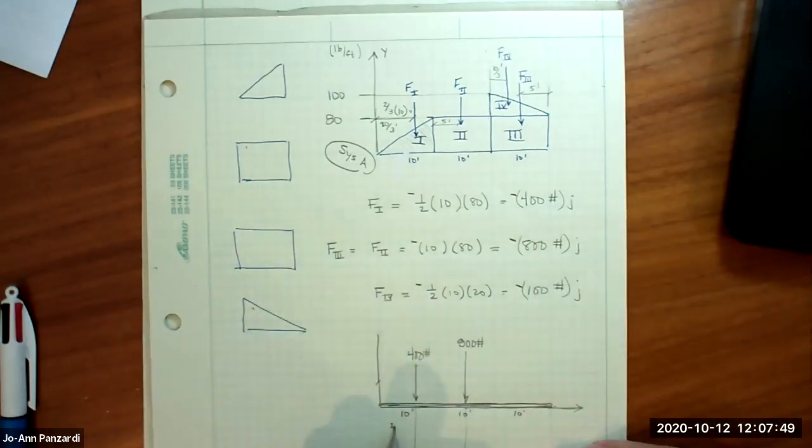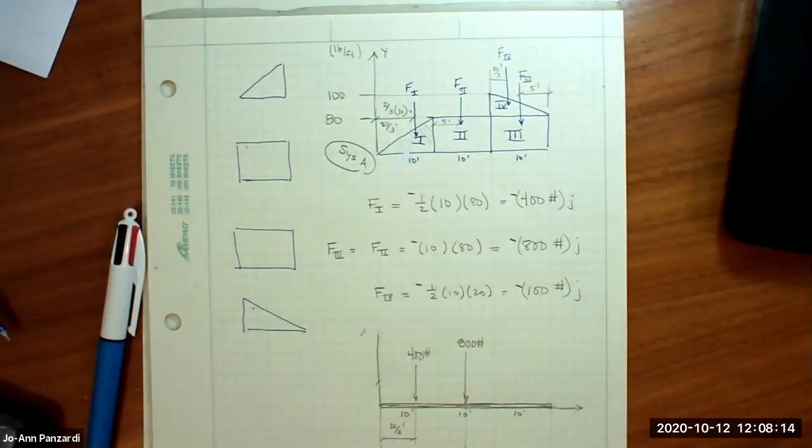This is 20 over 3 feet. And then this is 20 over 3 plus 5. So I think I am going to just put it in decimal places. No, I'm going to just leave it. 20 over 3 plus 5.